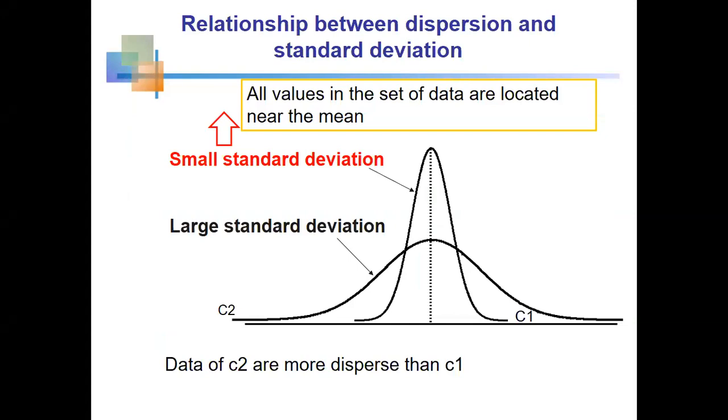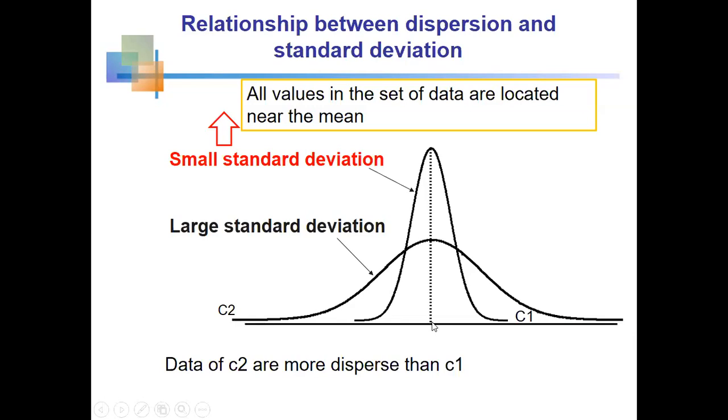Okay, relationship between dispersion and standard deviation. If you look, there are two line graphs here. One is C1, another one is C2. Both of these graphs are normally distributed. But if you look at the difference between C1 and C2, C2 is more dispersed, because the points are further from the mean.